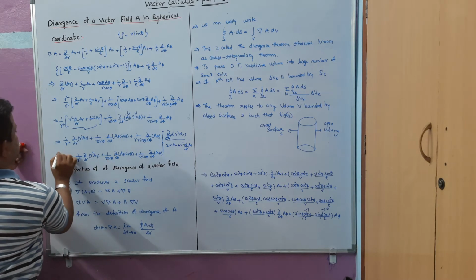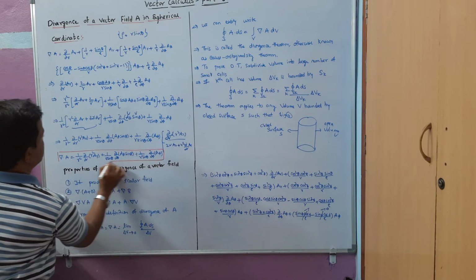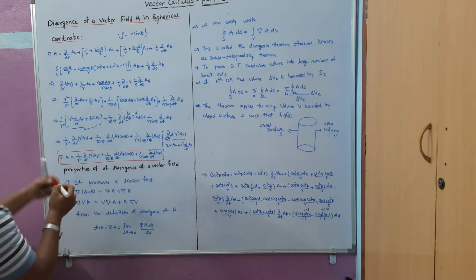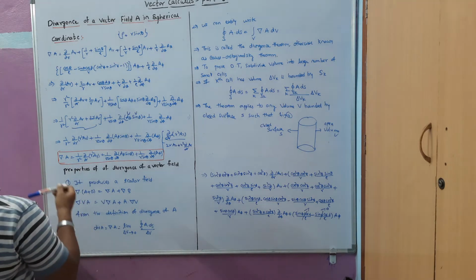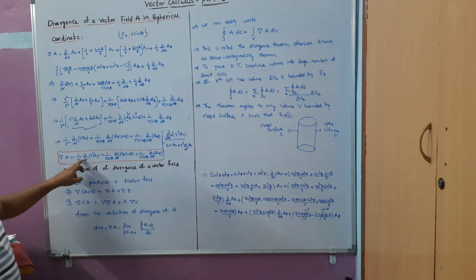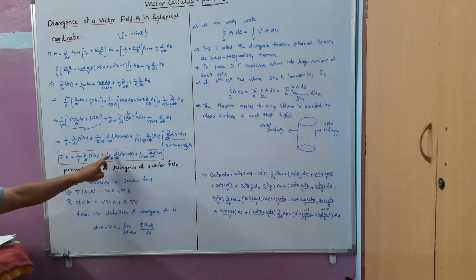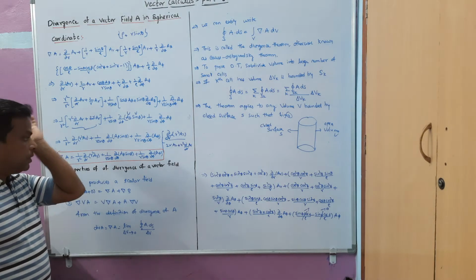This is the equation which we have got for the spherical coordinate system. So the divergence of a vector field A in spherical coordinates is 1 by r square dou by dou r of r square A r, plus 1 by r sin theta dou by dou theta of A theta sin theta, plus 1 by r sin theta dou by dou phi of A phi.